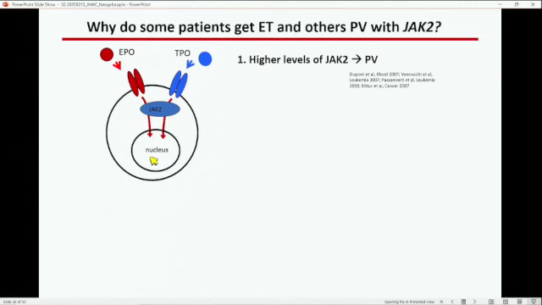But we know that a higher level of JAK2, like 90% JAK2 versus 5% JAK2, is more likely to cause PV. And we think it's because to get red cell production, you need two JAK2 molecules down this pathway to stimulate red cells, as opposed to just one abnormal molecule.